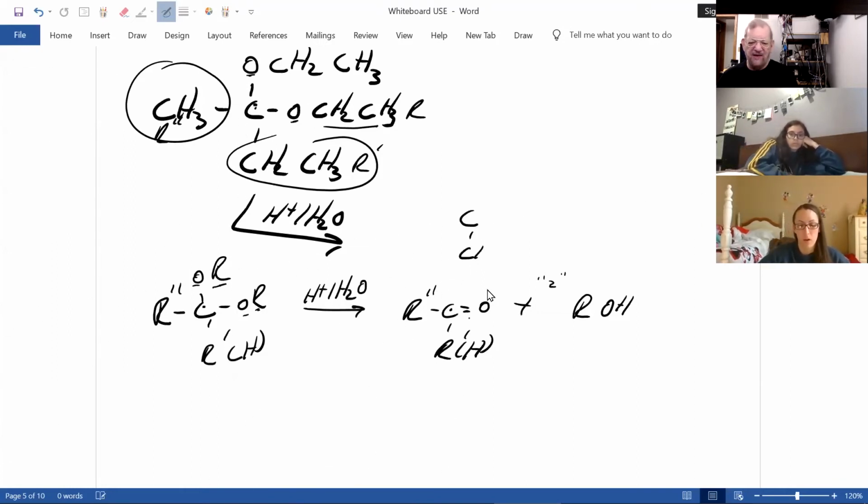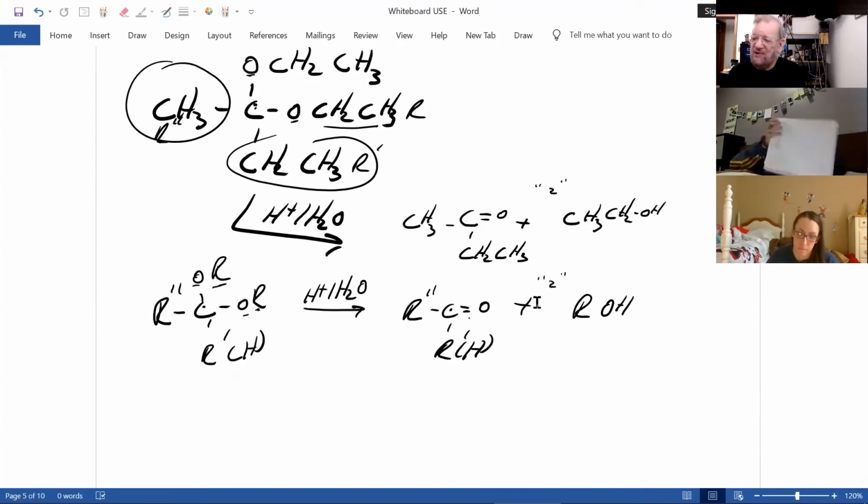R prime ethyl, R double prime methyl, then it becomes, in this case, the ketone. And then my R group is ethyl. And for those who want to, you can put it to there.